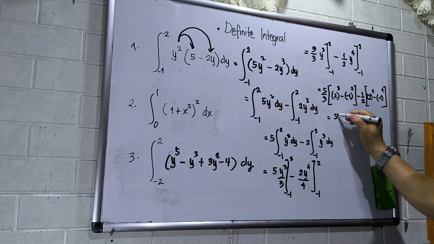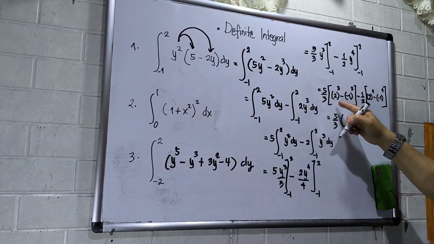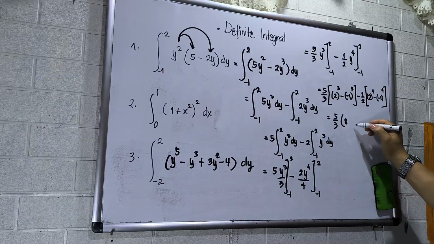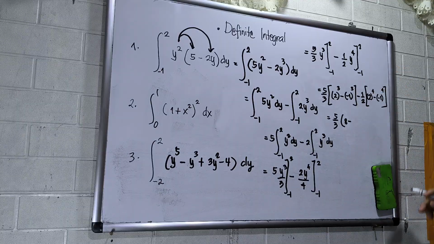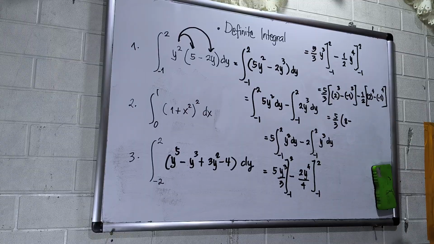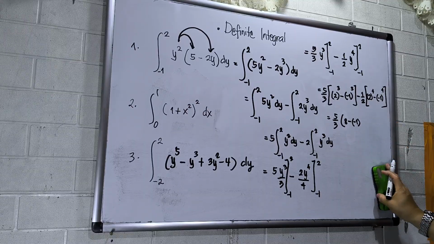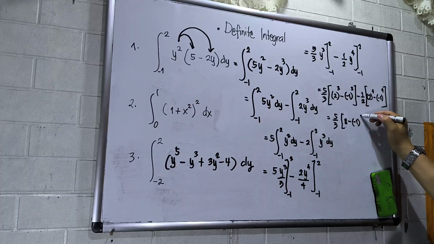So this will be 5 over 3. 2 to the power of 3 is 2 times 2 times 2, that is 8. Then minus, take note, if the exponent is odd, the sign must be negative, so this will be negative 1. Okay? So I use square brackets first.